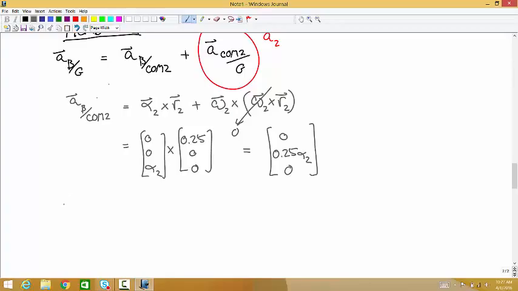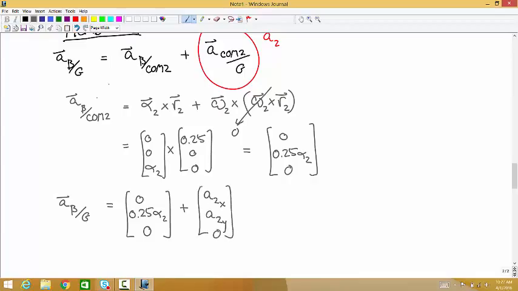And so the final expression for A of B relative to the ground is 0, 0.25 alpha 2, 0, plus A2x, A2y, 0.